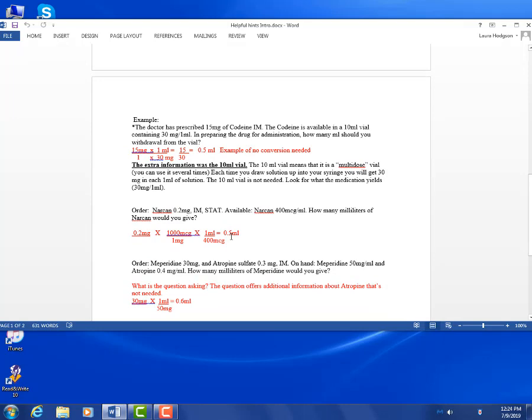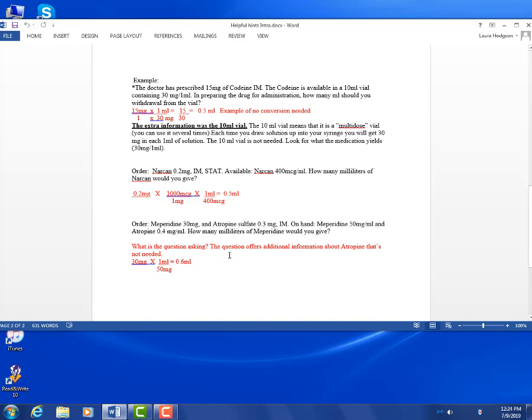I have another example here and another example here. So basically it's telling you there's a medication of 400 micrograms in every milliliter here, and it's also telling you that the doctor has ordered 0.2 milligrams. So right away when I look at this, I see the doctor's ordering milligrams and available are micrograms.